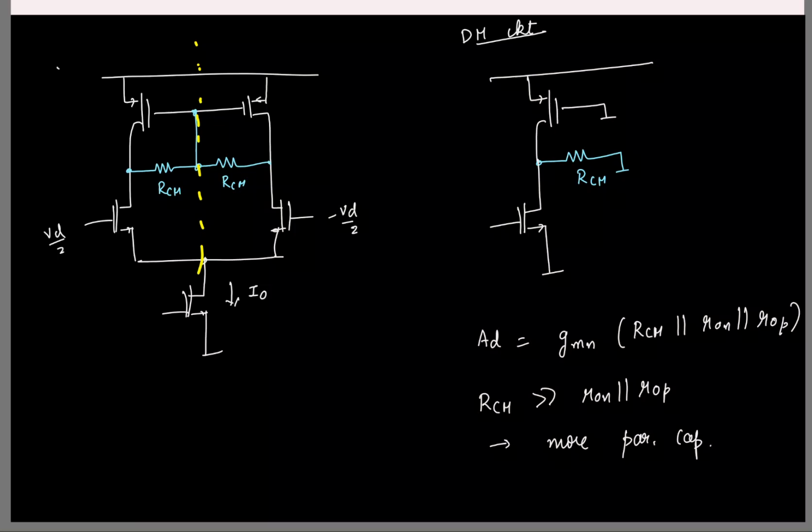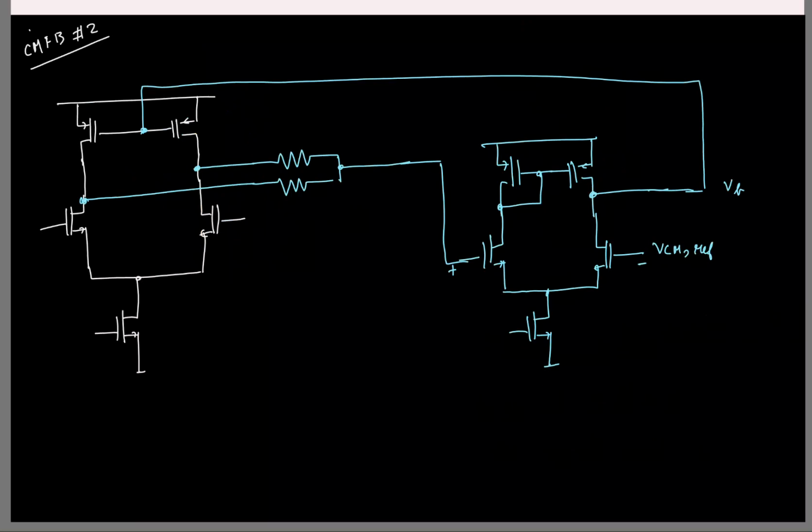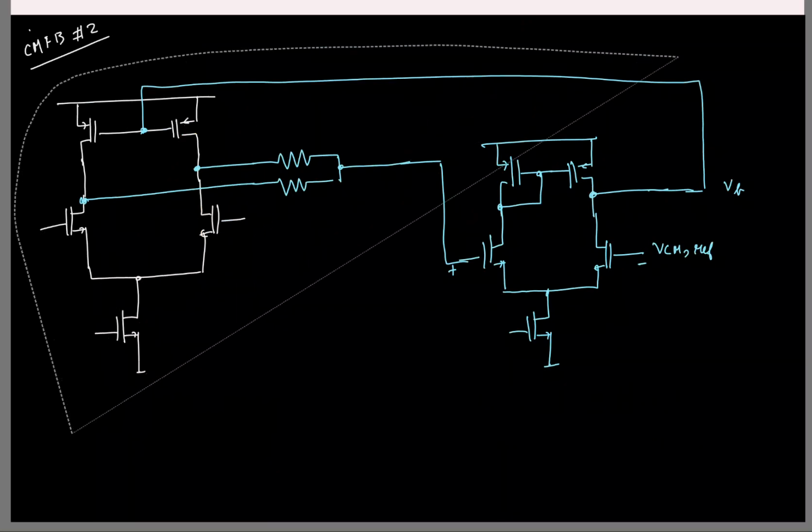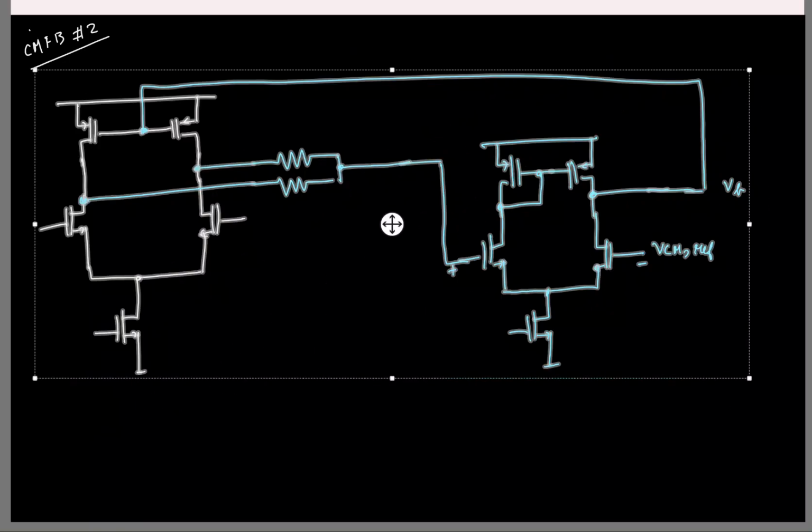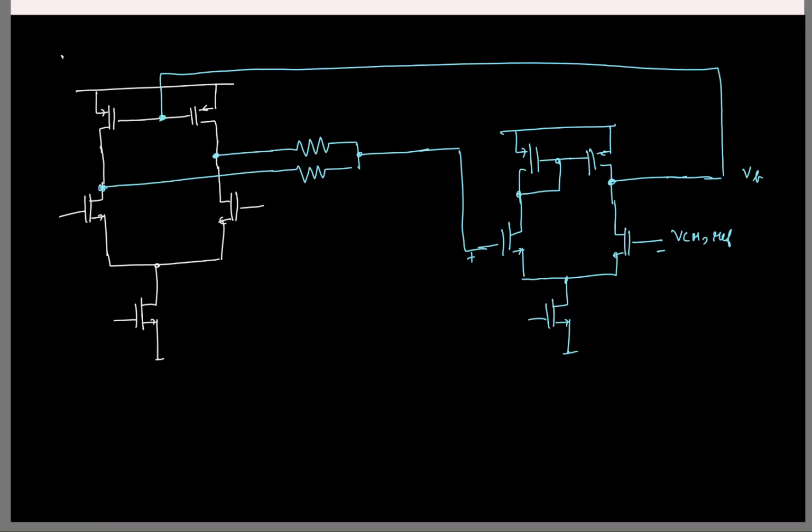Is that okay? Yes. So let's see what will happen to the common mode, and for that I will quickly draw the common mode half circuit. For the common mode half circuit, again these two transistors will come in parallel. So I'll erase this. Okay. So this is going to be 2x. Now again these two resistors will come in parallel.